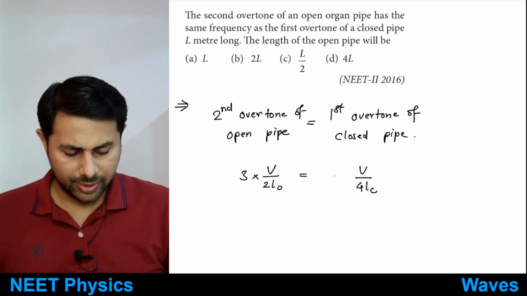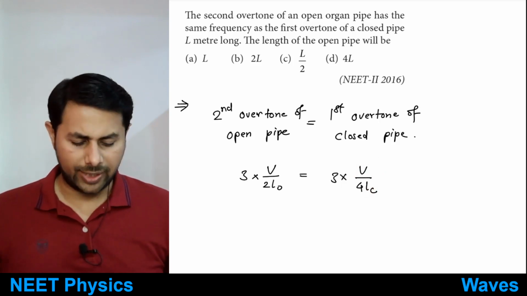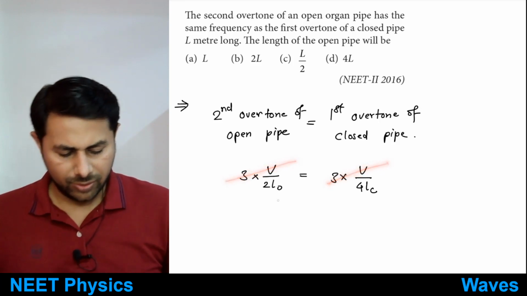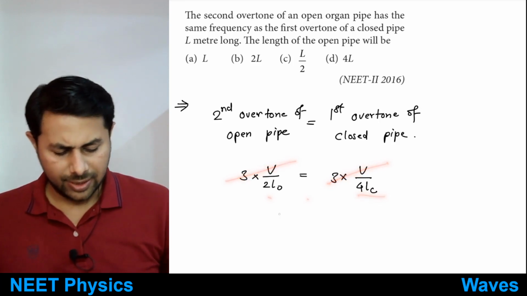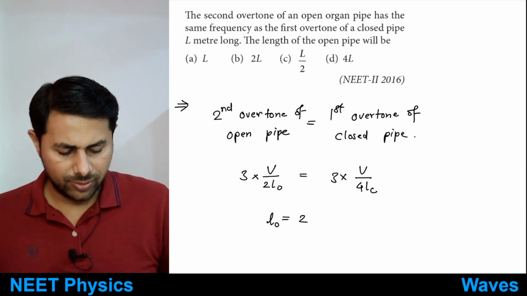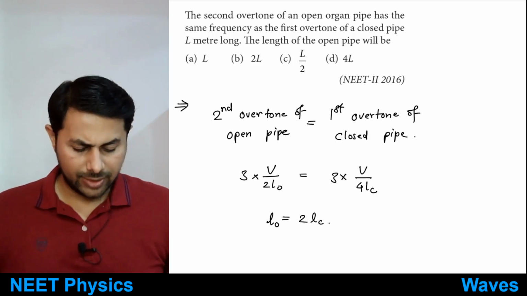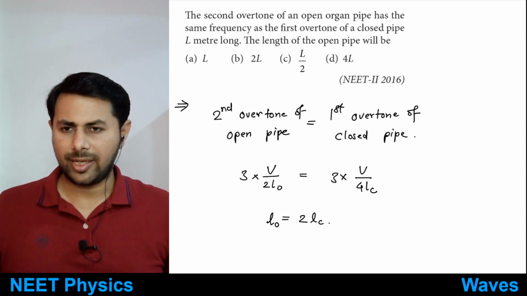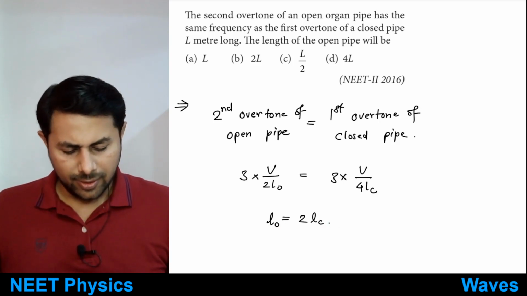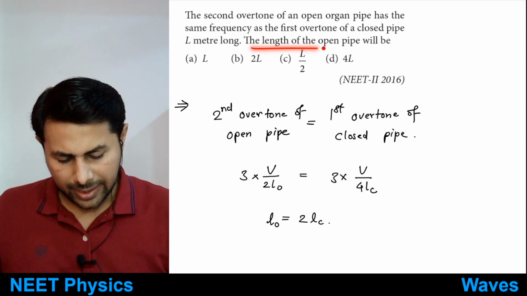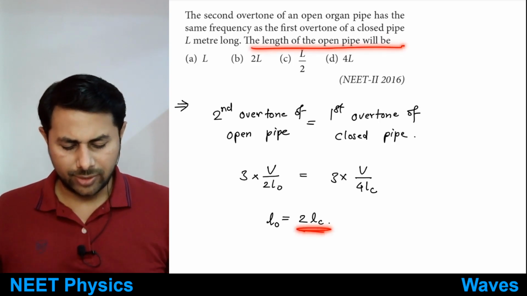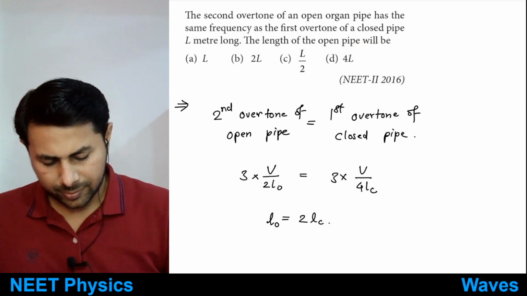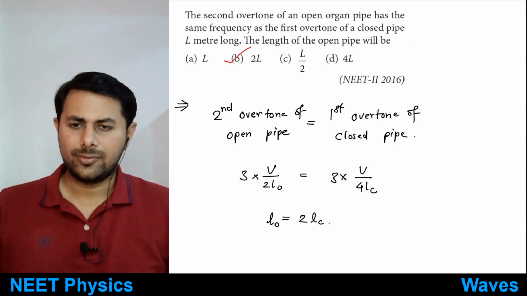So the first overtone is 3 times V upon 4LC. So 3V gets cancelled out. You have 2LO equal to 4LC. That means LO is equal to 2 times LC. Then the length of the open pipe will be 2 times L. That's the answer. This is clear.